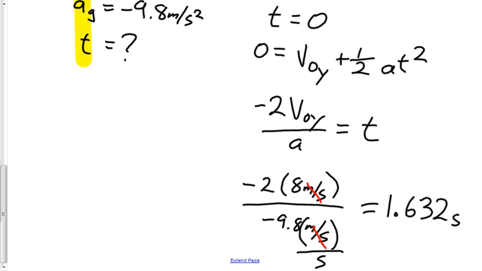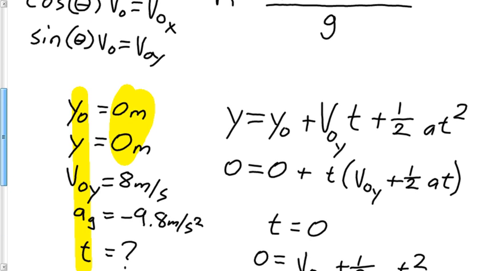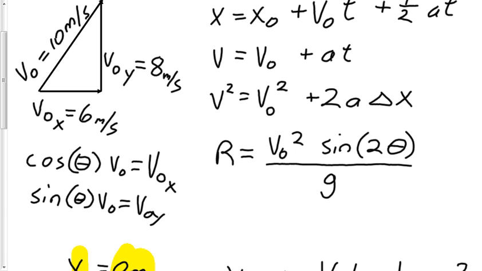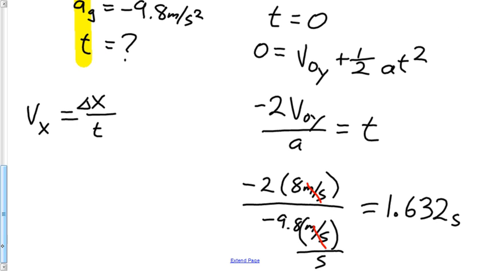Let me work over here where I have the velocity in the x direction is equal to the displacement in the x direction, the delta x, over the time elapsed. My time elapsed is 1.632, and my velocity in the x direction, if I go back up, I had shown that it is 6 meters per second in the x direction for my triangle. So as I come back down, I have velocity in the x direction times time is equal to the change in x.